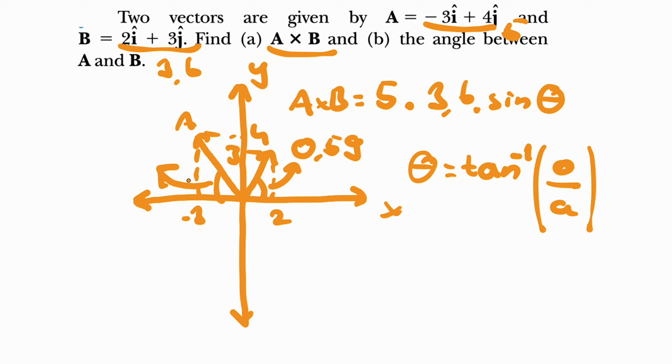And for B, that would be 0.92. So I know that this whole area is pi radians, and I can find the angle in between. And when I put that angle into the sine, I can find the whole value.